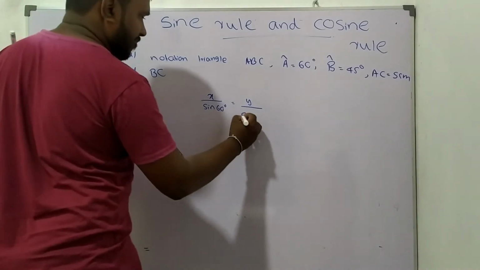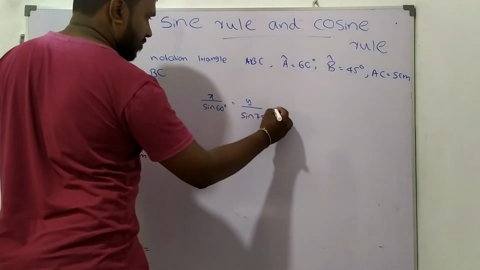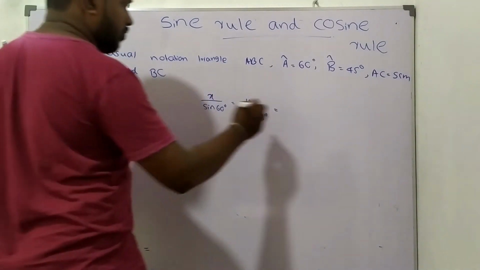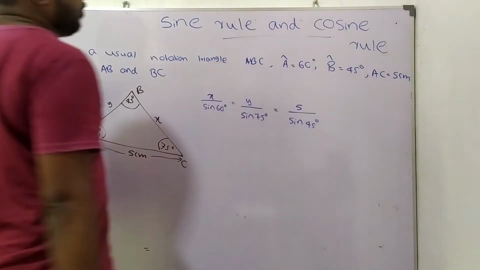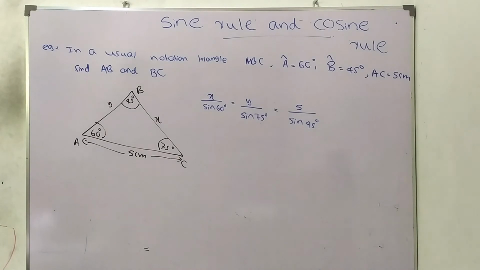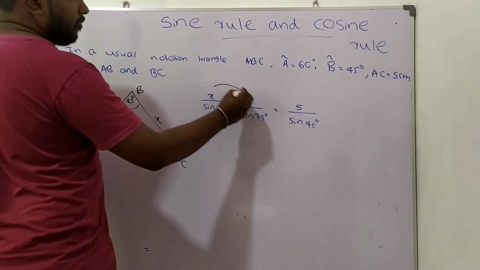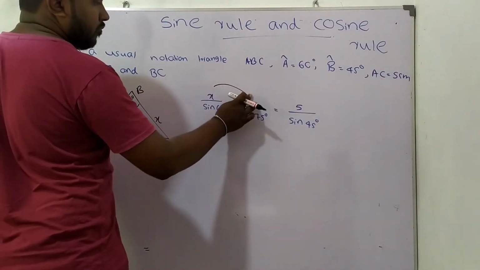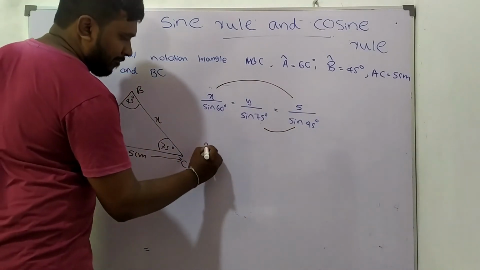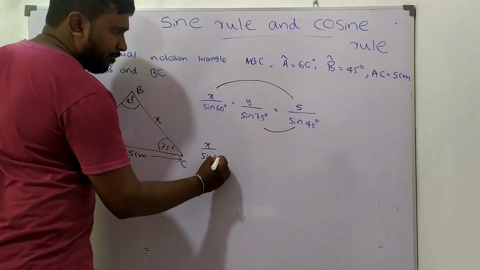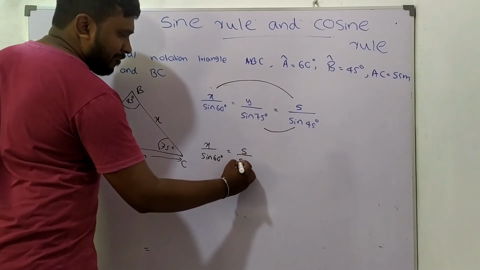By using the sine rule, we can write x over sine 60 equals y over sine 75 equals 5 over sine 45, right? Now we can take them separately. x over sine 60 equals 5 over sine 45.